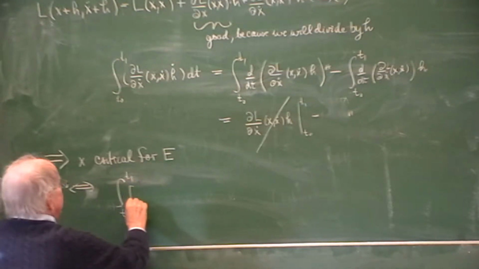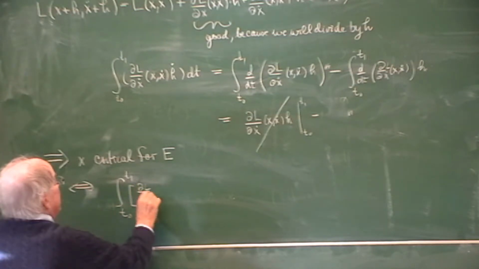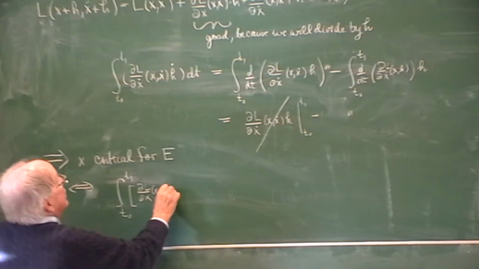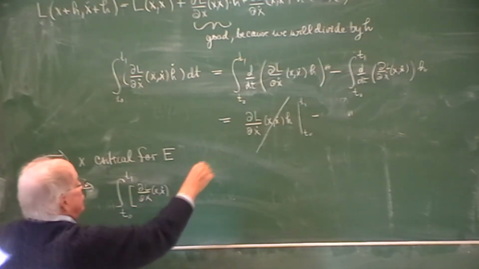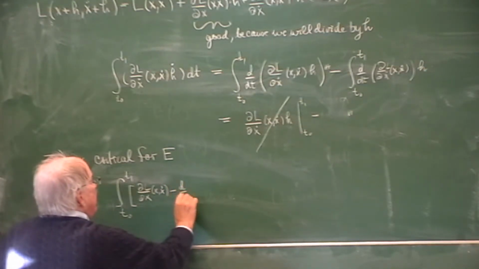So let me write it in. H, the first term I get up there is still there, dx point. And the second stuff I brought into a good situation with integration by parts.